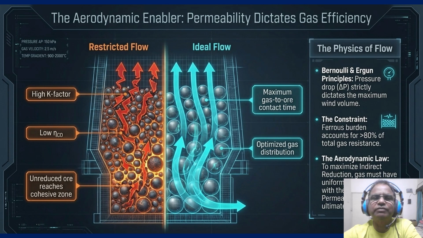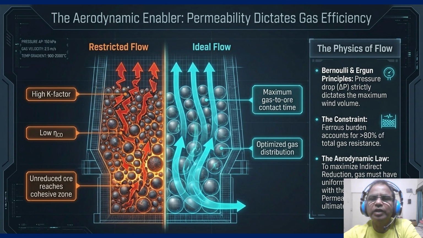On the left, restricted flow shows high K factors and orange zigzag arrows. This is a nightmare: unreduced ore reaching the cohesive zone because of poor contact. On the right, ideal flow shows uniform blue arrows with optimized gas distribution and maximum gas-to-ore contact time.